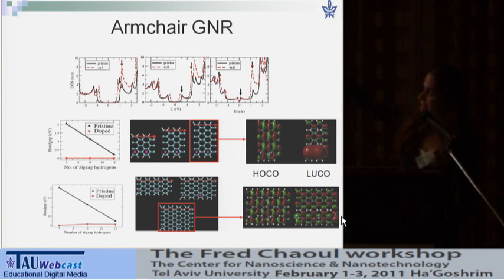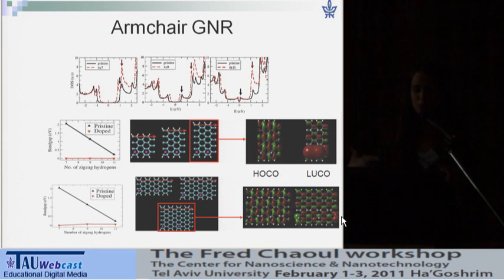And you can see in the upper graphs the density of states analysis. You can actually see the decrease in the HOMO-LUMO gaps, and you can also see the shift in Fermi energy, which increases the metallic nature of the systems.